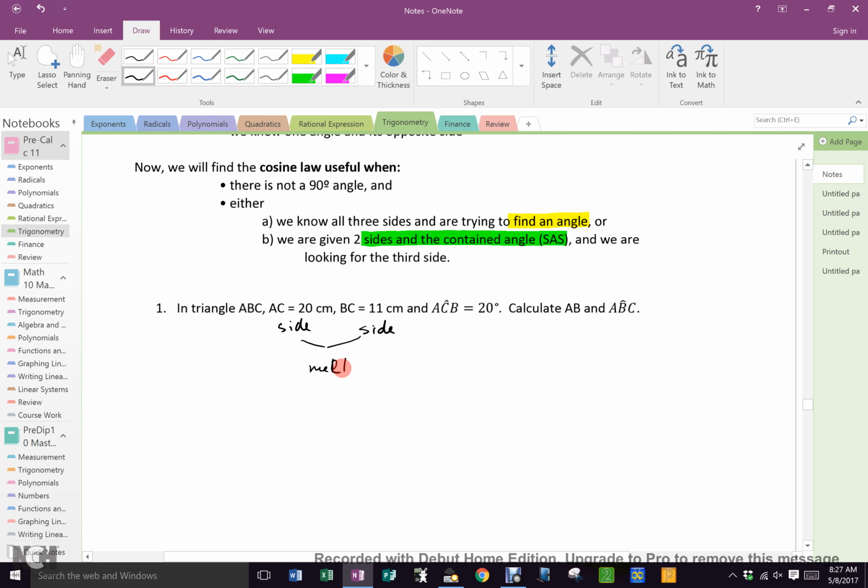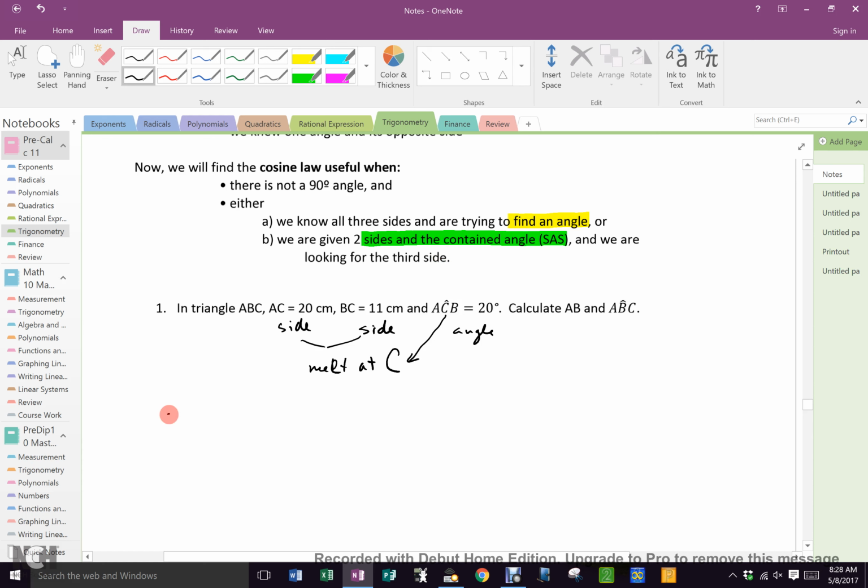They meet at angle C. And then angle ACB, since the C is in the middle, that is my big C. And that is my 20 degrees. So in this case, I have side, angle, side, don't I? So am I using the green or the yellow? I'm using the green one, right?